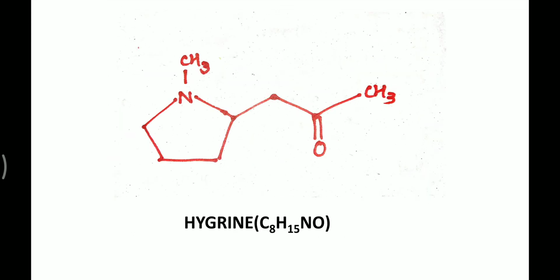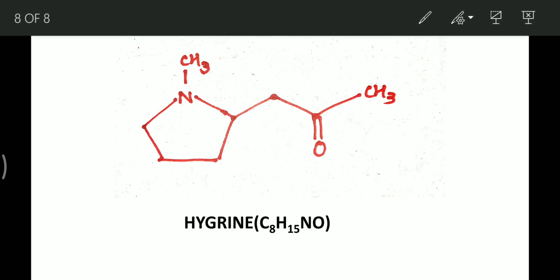We will see the next structure, the last structure, that is of hygrine. So hygrine contains a pyrrolidine derivative which is attached to, this is a CH2 group, then attached to a carbonyl group, and then attached to a CH3 group. So we will see how to draw the structure.